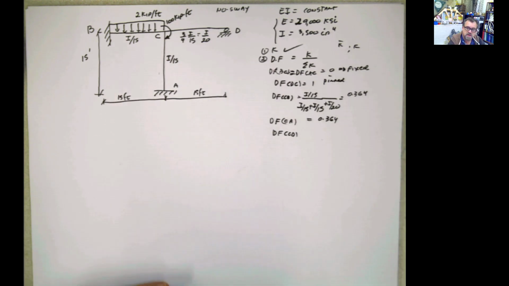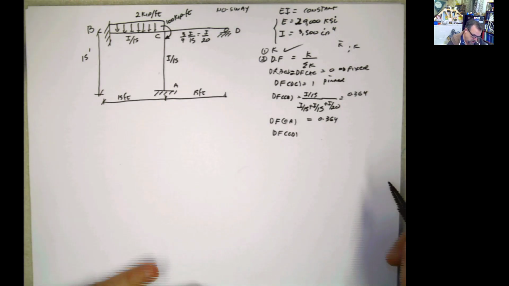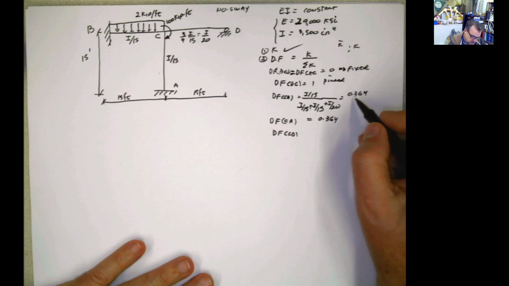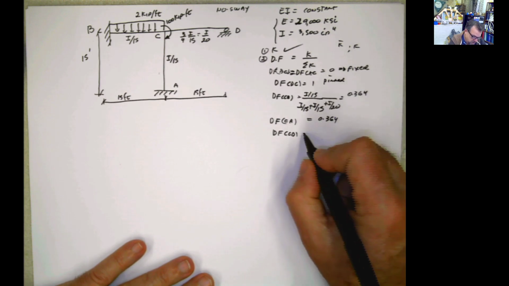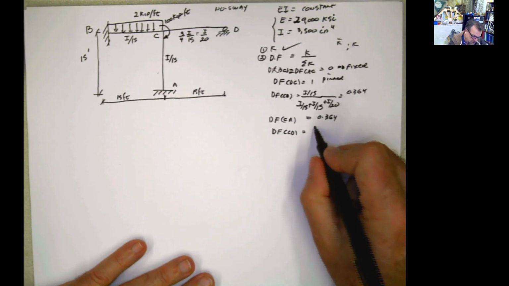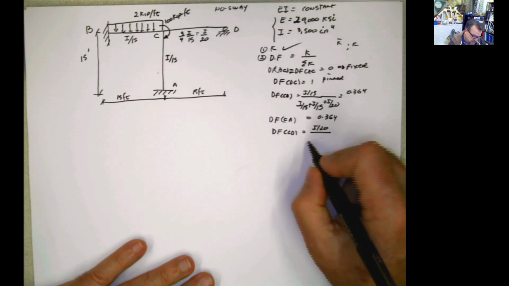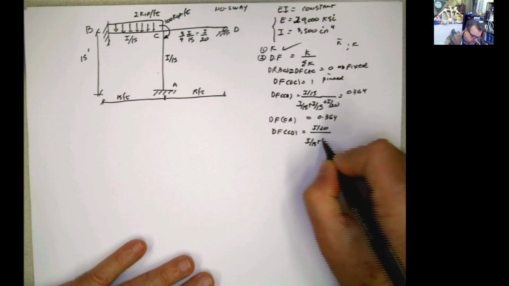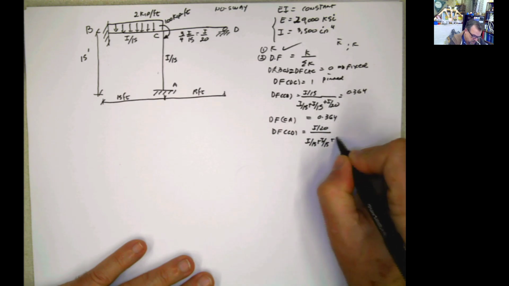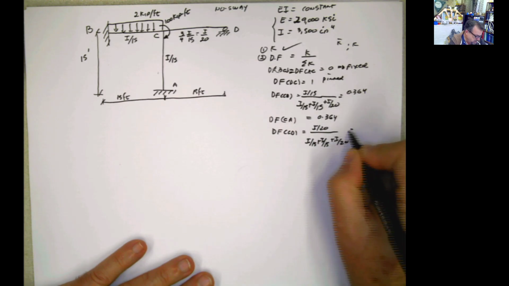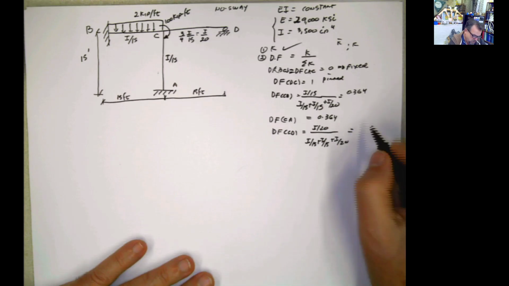The distribution factor CD you don't have to calculate because it's 1 minus the summation of these two. Remember, the summation of the distribution factors has to be 1 in this case, but you can calculate it. It will be I divided by 20, the bending stiffness of this member, divided by I/15 plus I/15 plus I/20, and that value is 0.273.